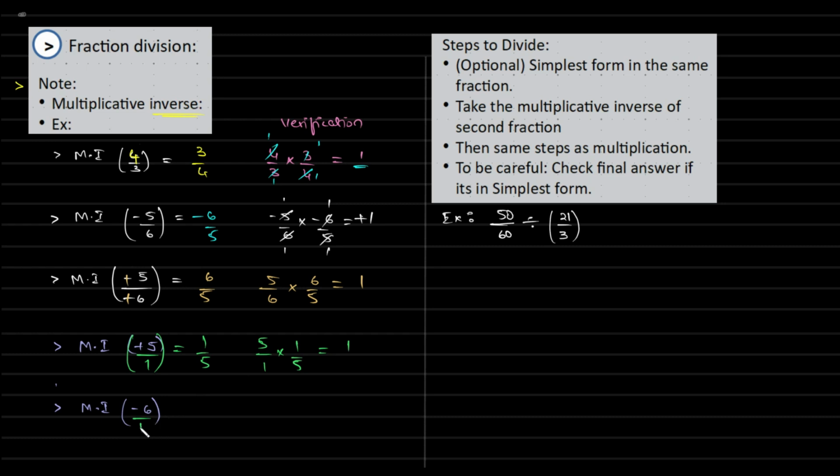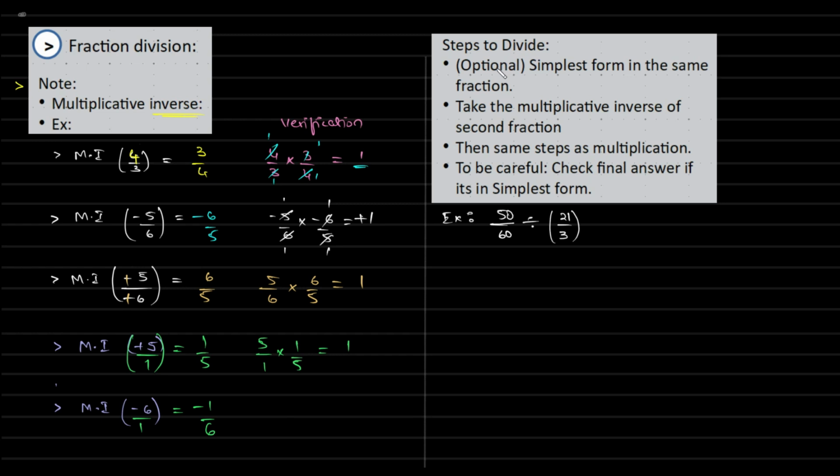So next is again an easy question. Multiplicative inverse of negative 6 by 1 is negative 1 by 6. And thus we have our answer of multiplicative inverse. Quite simple, and it is useful over here. Okay, I'll show you how.